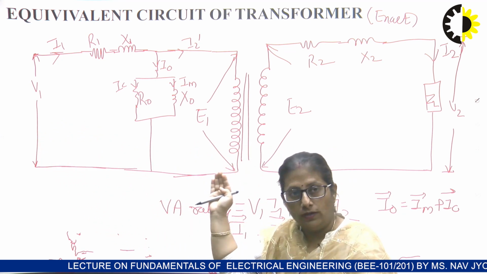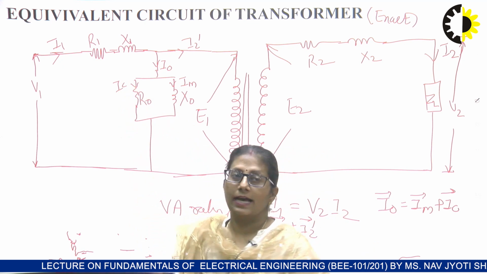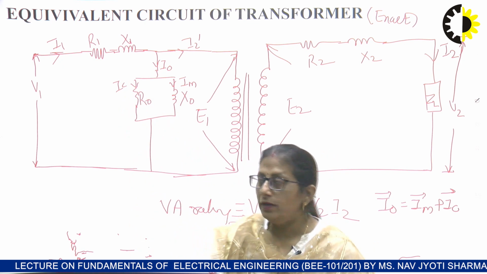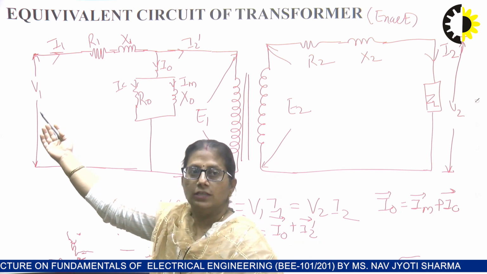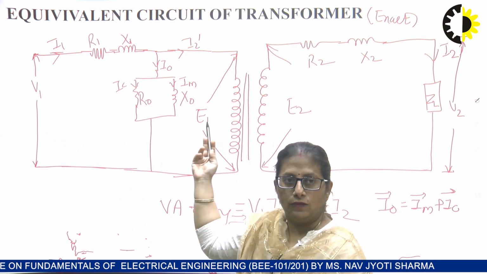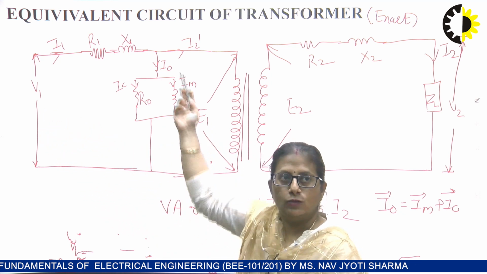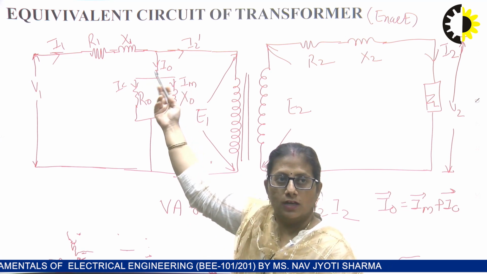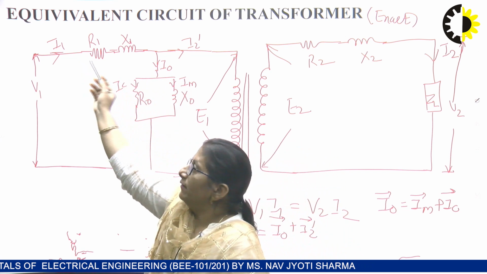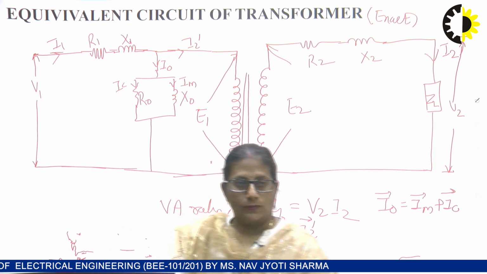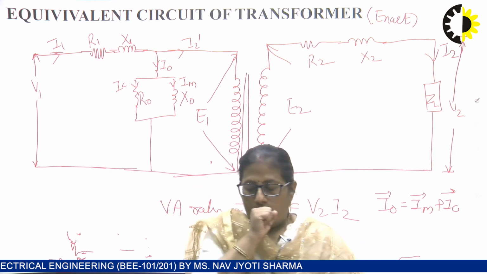But when it is loaded, the transformer will draw the current I1. In that case, what will happen? V1 is equal to minus E1 plus the two major drops. What are the two major drops? I1 R1 and I1 X1. These two are the major drops.